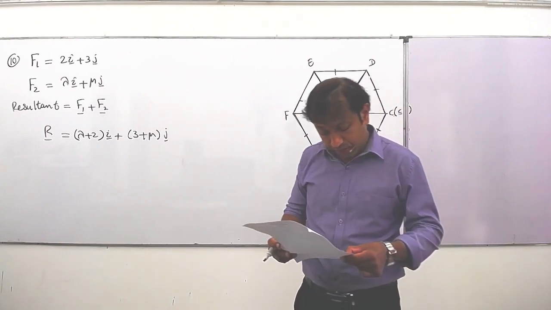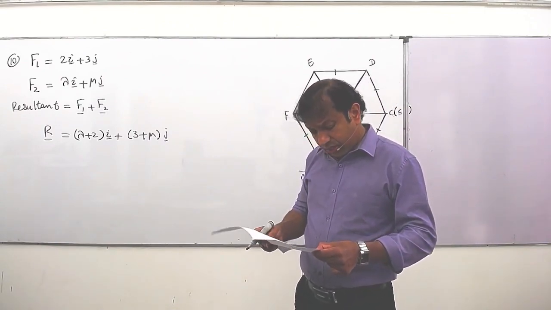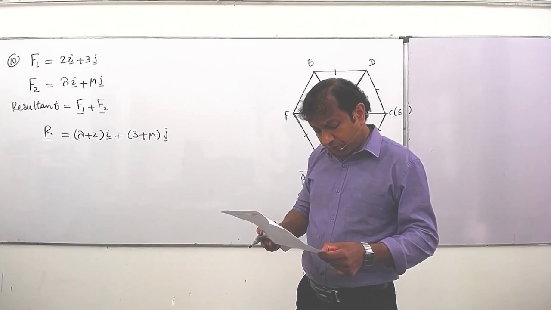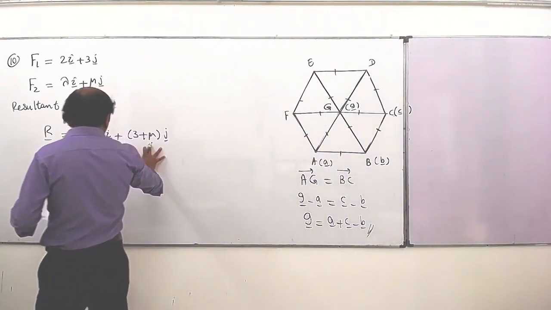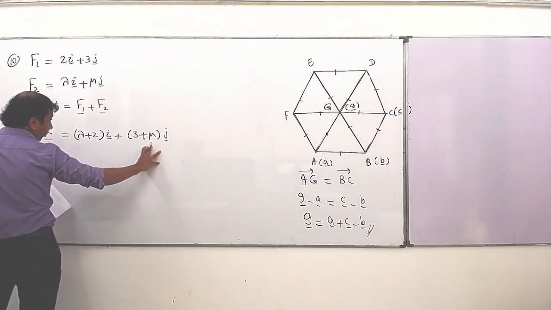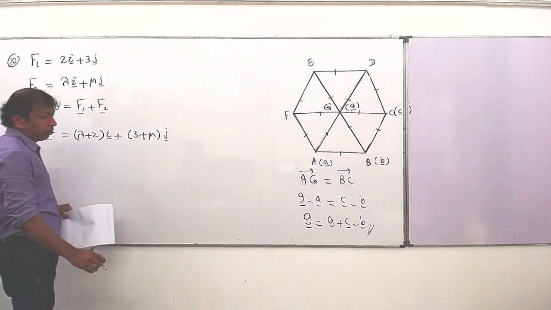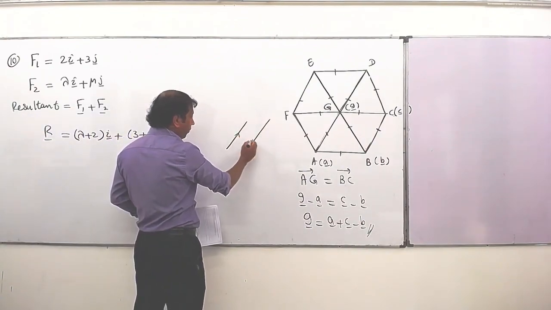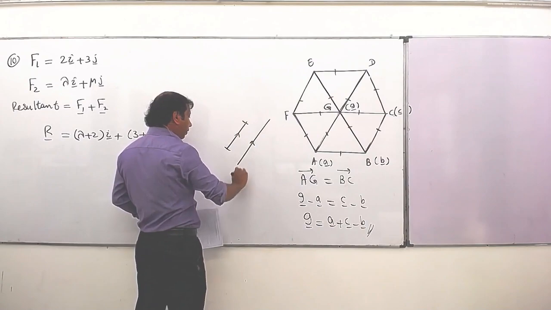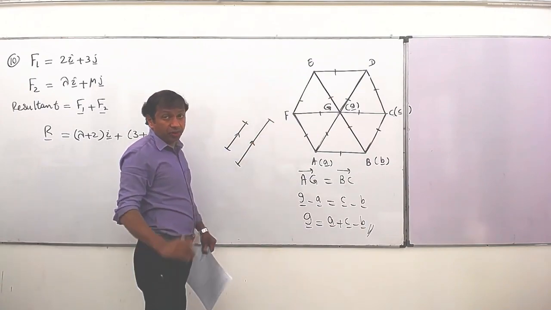Right. Now it is asking, the resultant R of these forces is parallel to the vector i plus 2j. Now this vector is parallel to i plus 2j. That means, you know people, when two vectors are parallel to each other this way, one vector you can write as a multiple of the other.